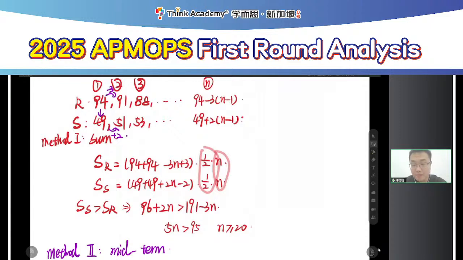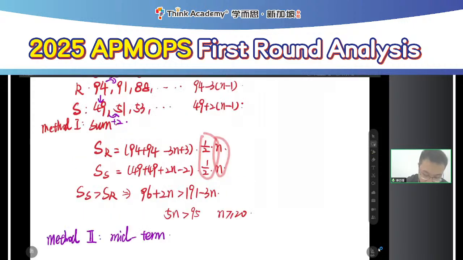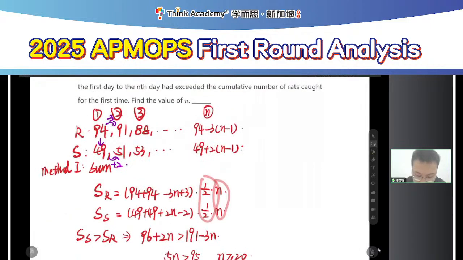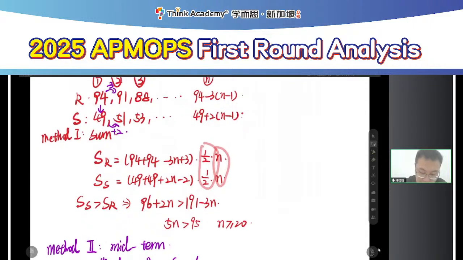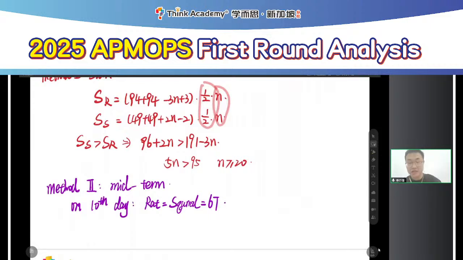So when will their difference become zero? We should notice that on the 10th day, it's easy to find out. On the 10th day, both the rat and squirrel have an equal number, which is 67, right? So the 10th day is to make them equal to each other.